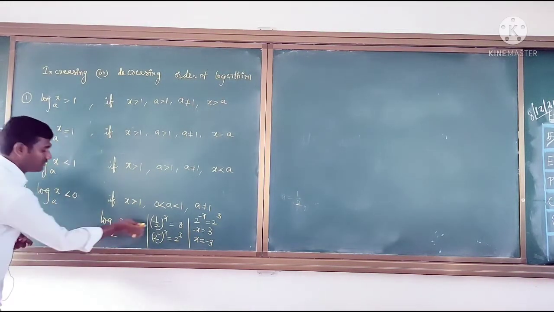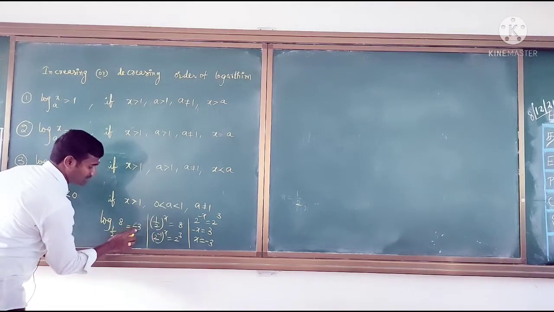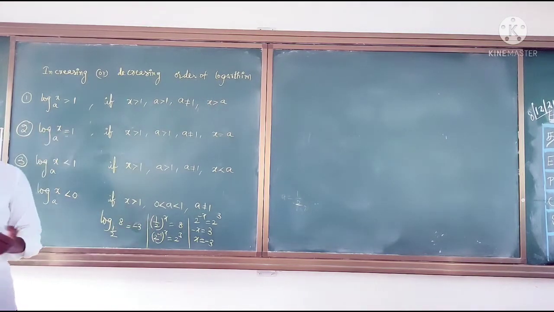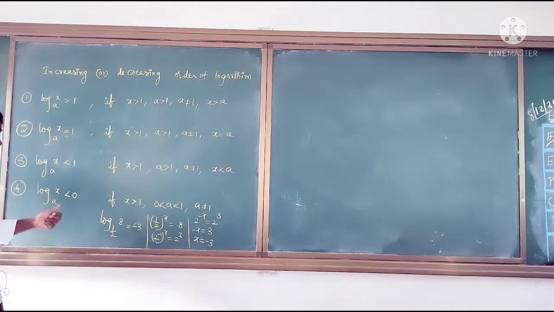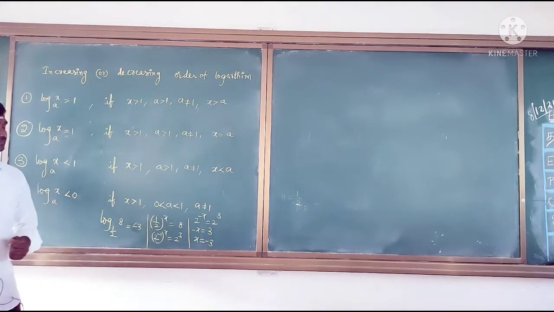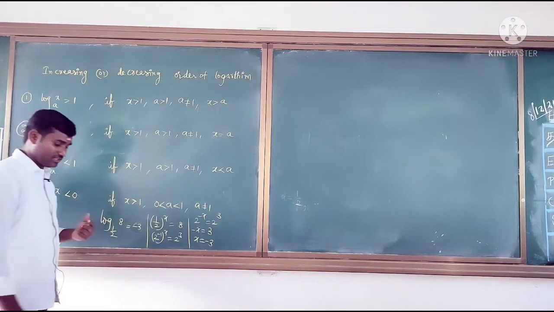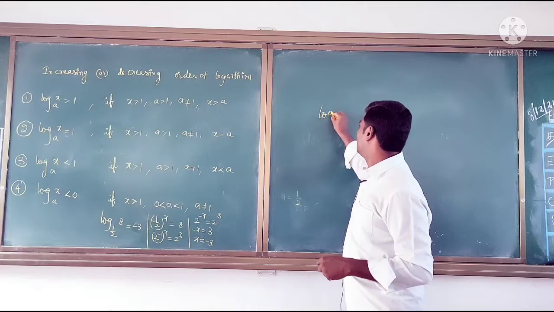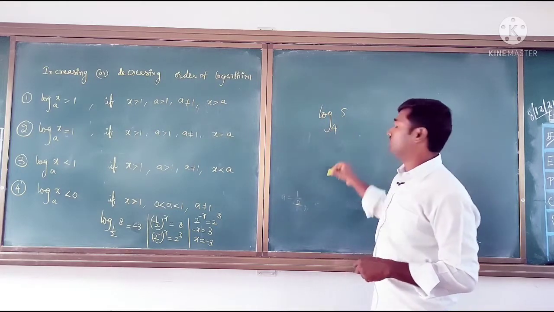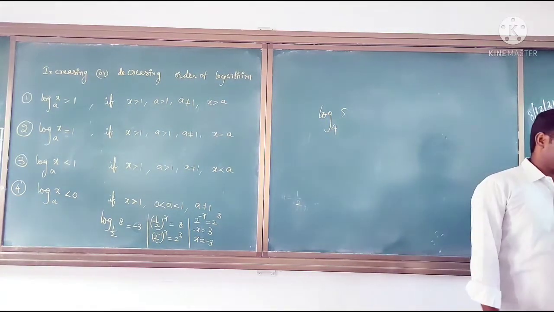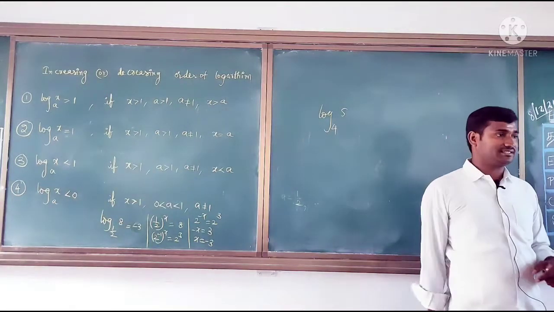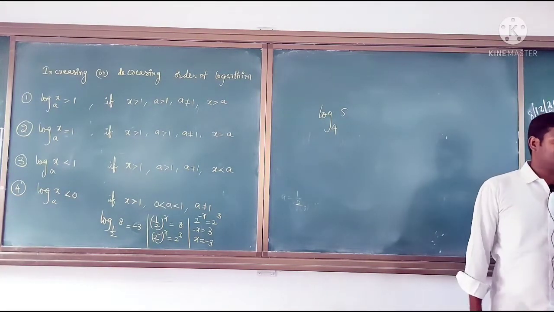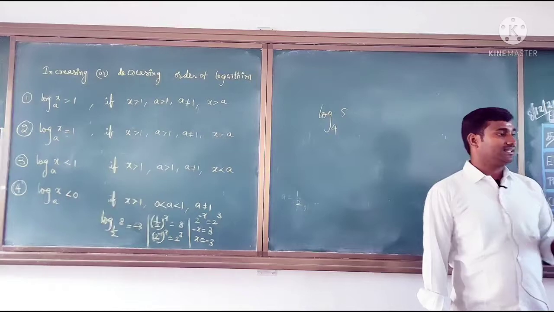So if x is equal to minus 3, is minus 3 less than 0 or greater than 0? Less than 0. So log x to the base a is less than 0 only now. Okay. Can you say these values now? Log 5 to the base 4 value is greater than 1, or less than 1, or equal to 1, or less than 0?